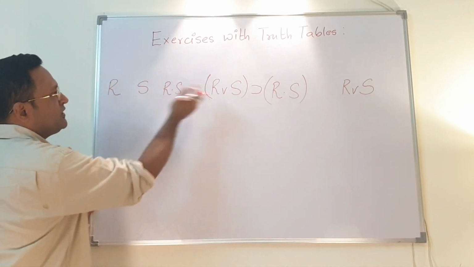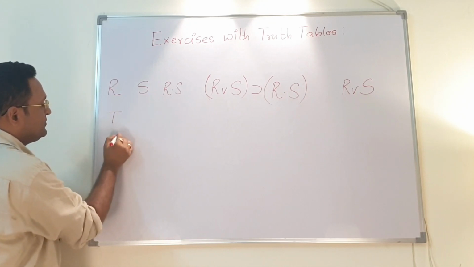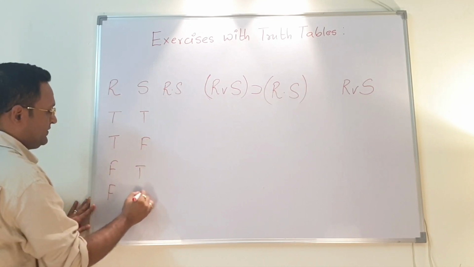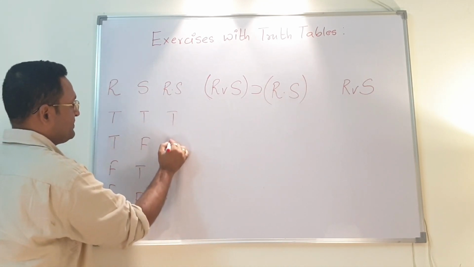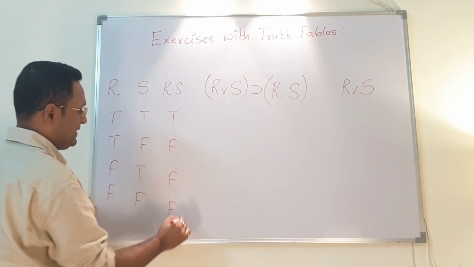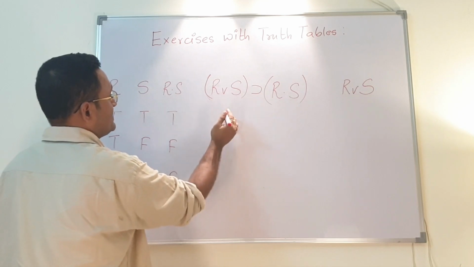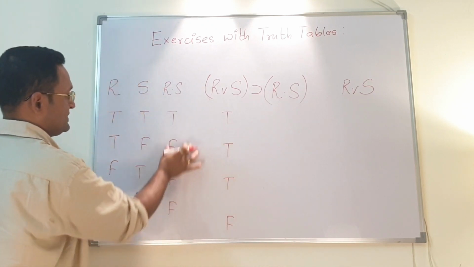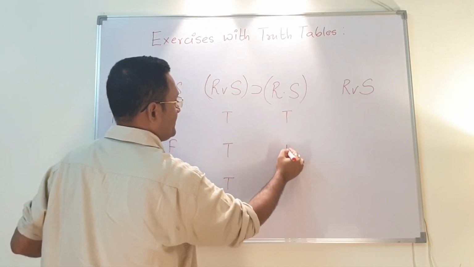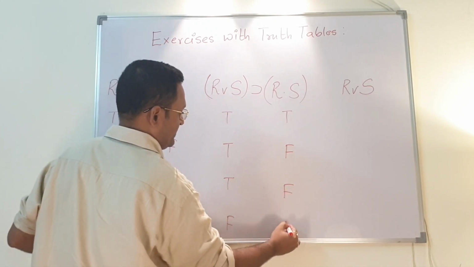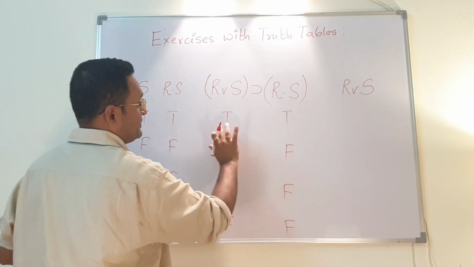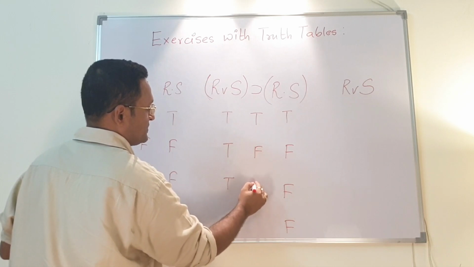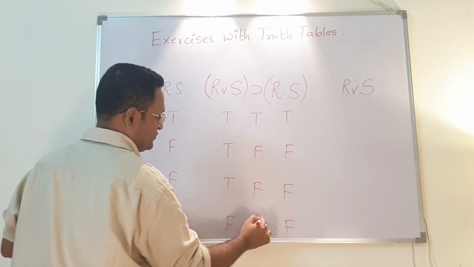Since there are only two values, it is an easier task. We draw a truth table like TTFF, then TFTF, and we know that R dot S will be T, F, F, F. If we draw R wedge S, it is true, true, true, false, and this whole value can come here, so it will be T, F, F, F. And if we take the value of these two, this is true, this is false, this is also false, and this is true, right?